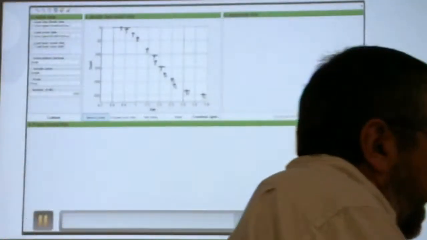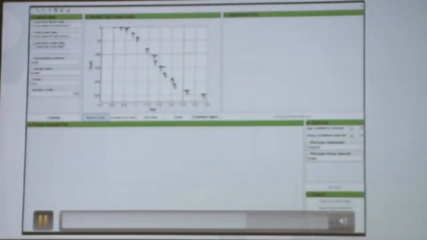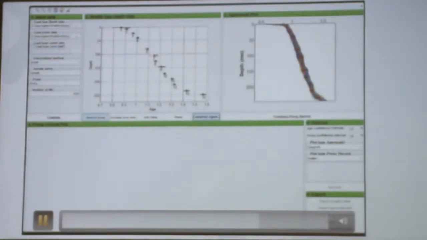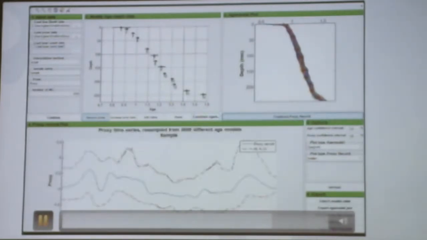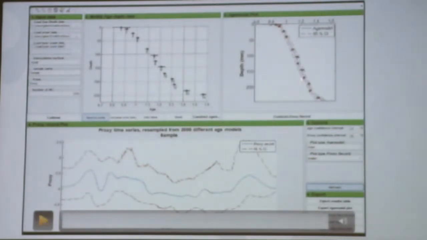It plots an initial age model. I remove one age inversion, and it calculates all the possible solutions. It's calculating 2,000 solutions for that age model, and how these uncertainties are translating into your time series.